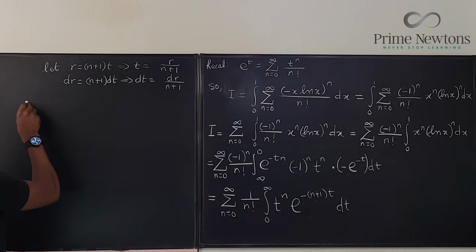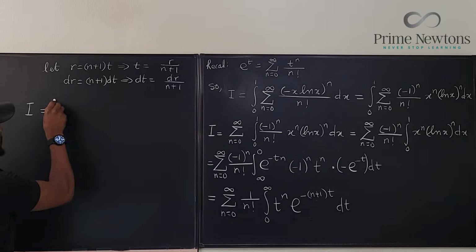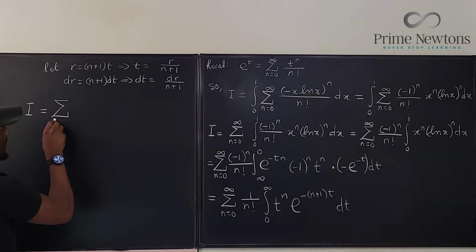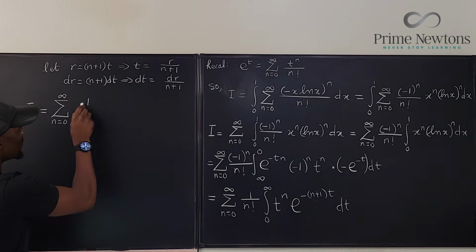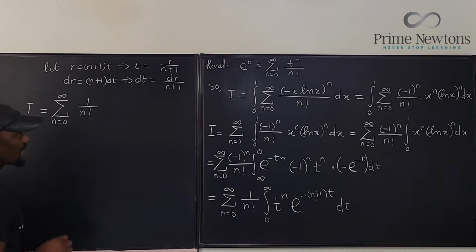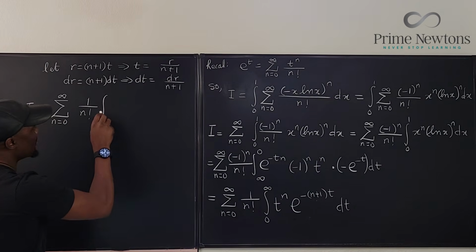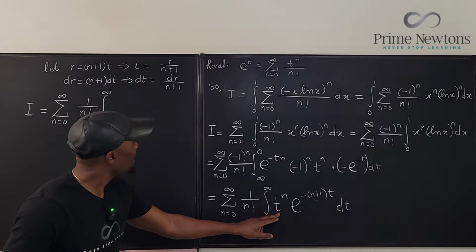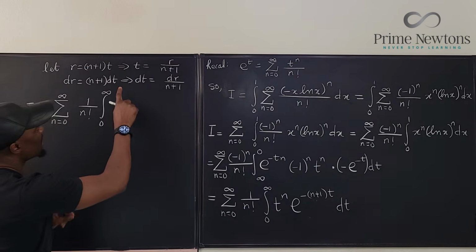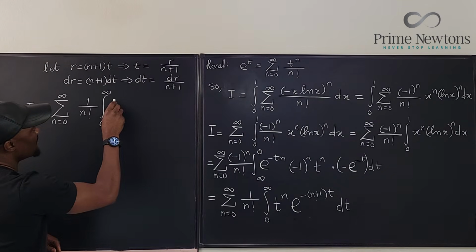So we have I equals the sum from n equals 0 to infinity of 1 over n factorial. And then we have the integral, same bounds from 0 to infinity, of, now we said t equals, what's t? R over n plus 1.